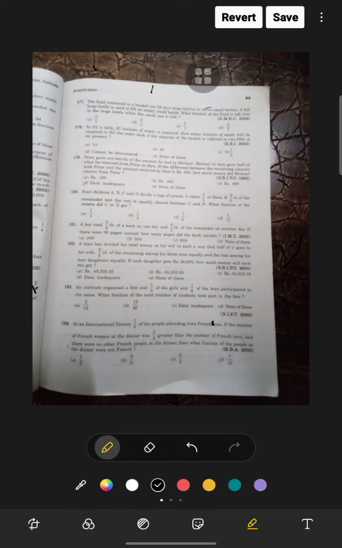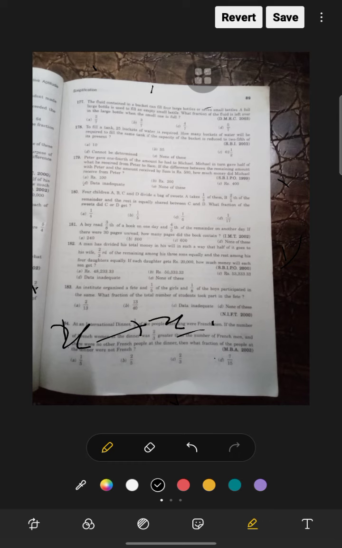Next, a man has divided his total money in his will in such a way that half of it goes to his wife. He has x rupees, so x by 2 he gave to his wife. Then 2 by 3 of the remaining amount goes to his 3 sons.